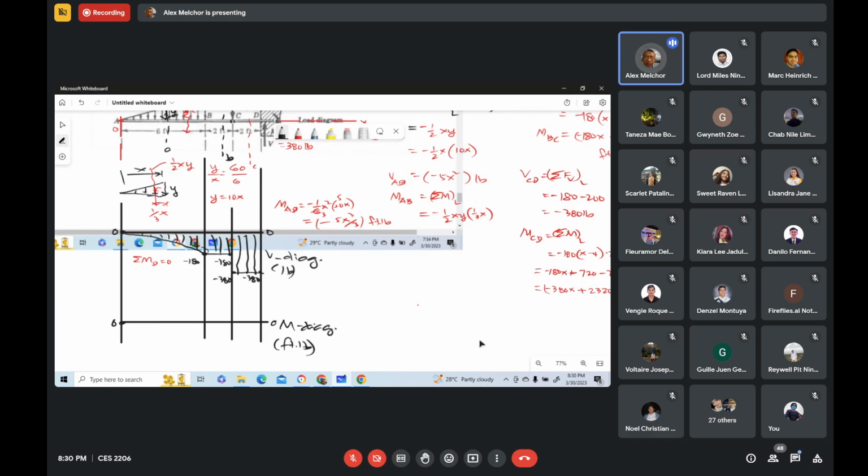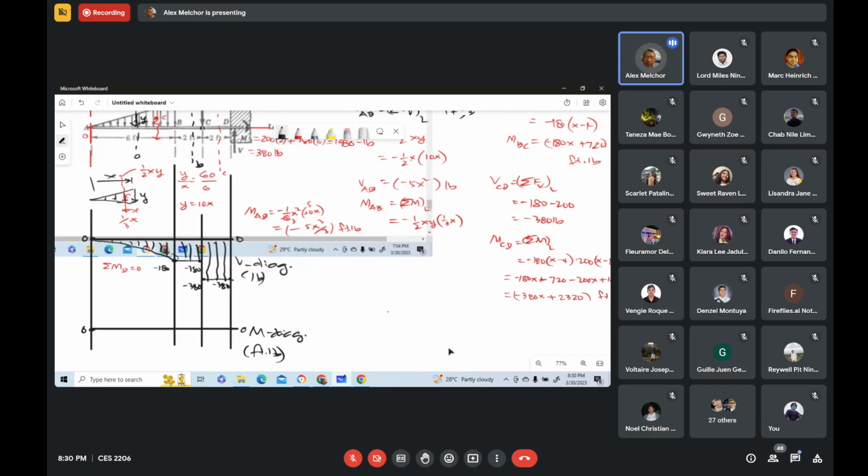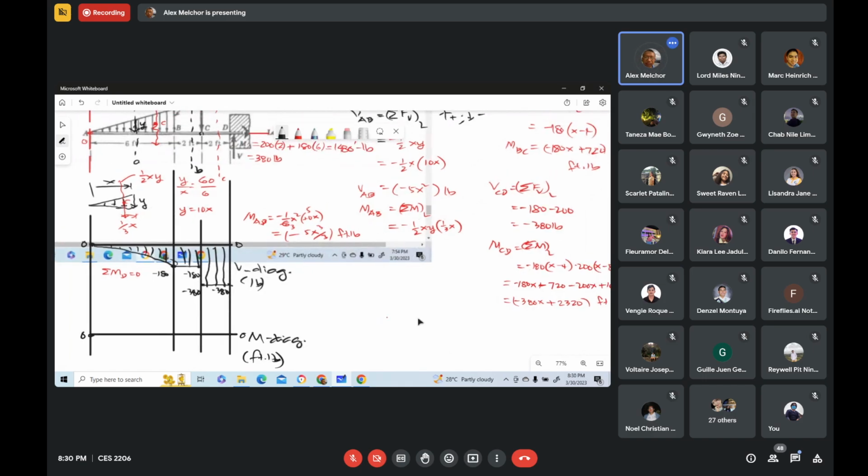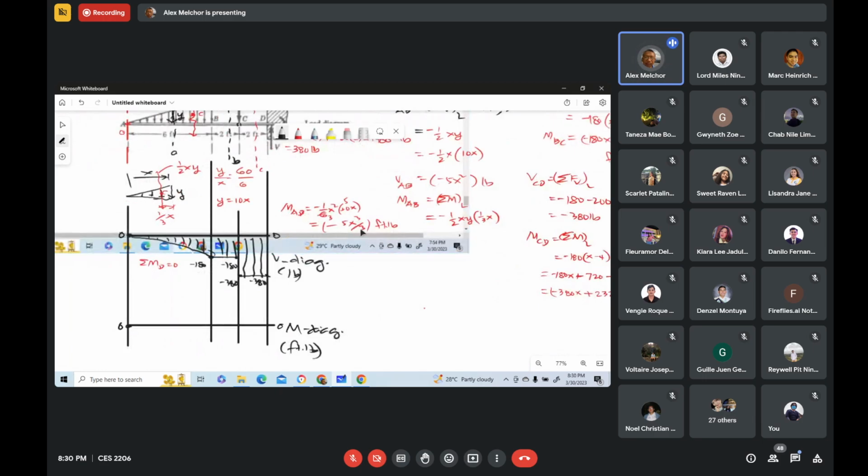Or you can use the moment equation for segment BC. So what is the moment at B using this equation? The value of x is 6. How much is this? That's negative, no? X is 6.